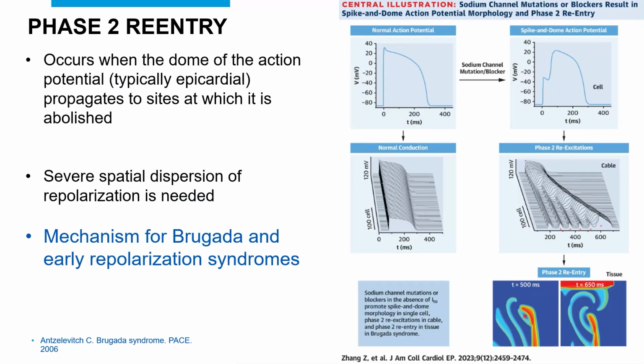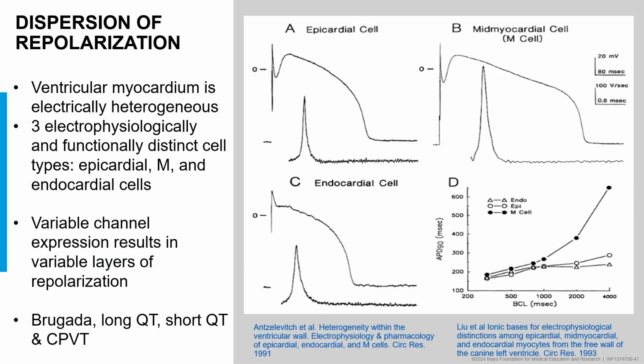Looking then at this in more of a 3D space, setting up in that spiral or scroll and not just on that one cell at a time concept. This is going through from epicardium to mid-myocardium and endocardium. If it's all happening at a different repolarization time, phase 2 is at a different time, you've set up this dispersion of repolarization, phase 2 reentry in that region.